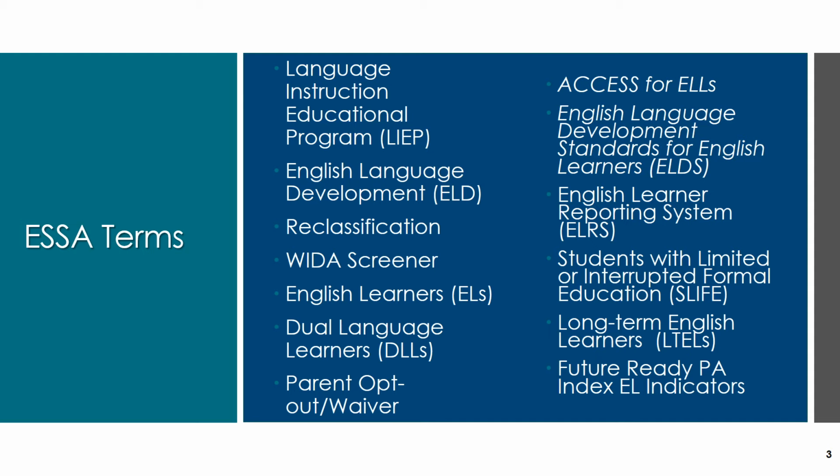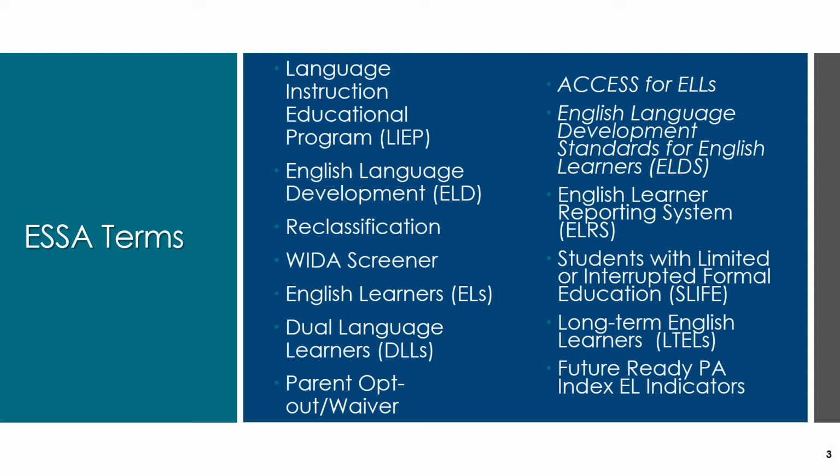We also have now to report on students with limited or interrupted formal education, SLIFE. These students are students who usually have had some event in their academic lives that have stopped them from attending formal schooling. So usually refugee students or students who come from countries where they have been working for some time due to poverty, and now they come back to school.